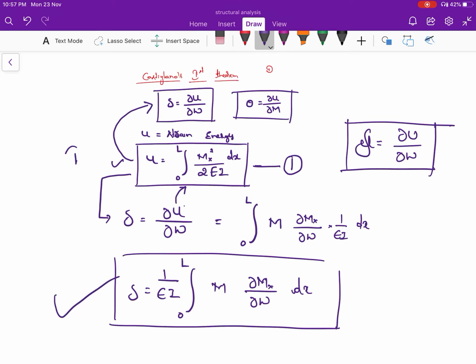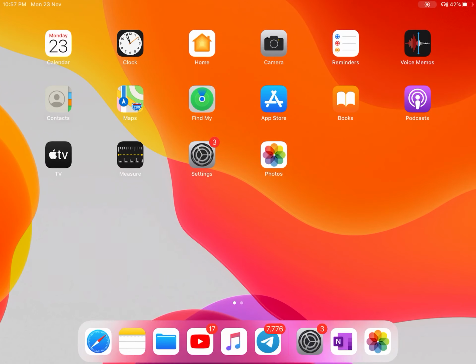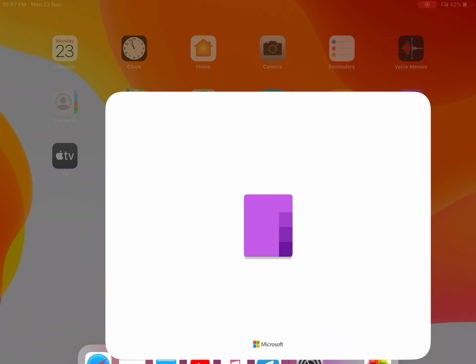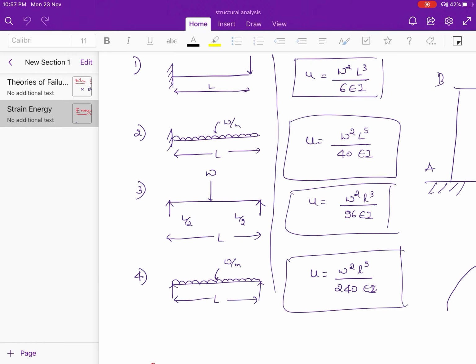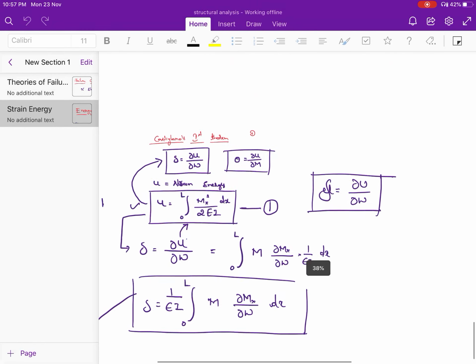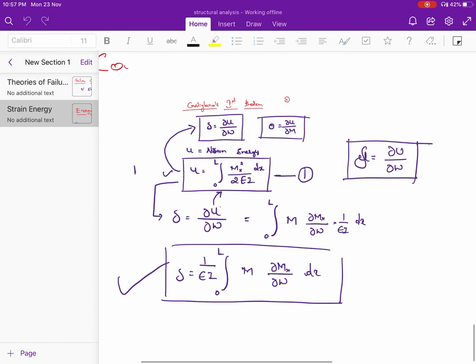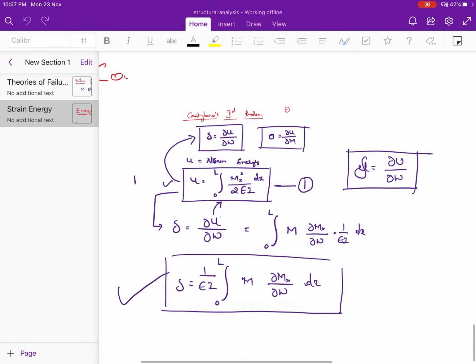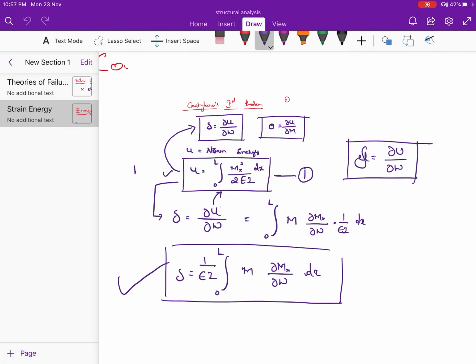If you use the first formula, then after finding U, you need to calculate the deflection. If you want to do it directly, you can make use of this step. So I will tell you both the steps.